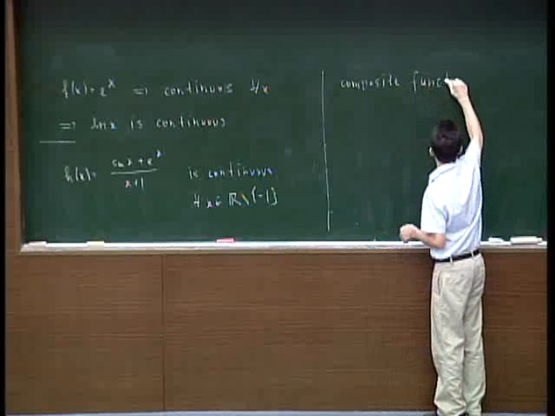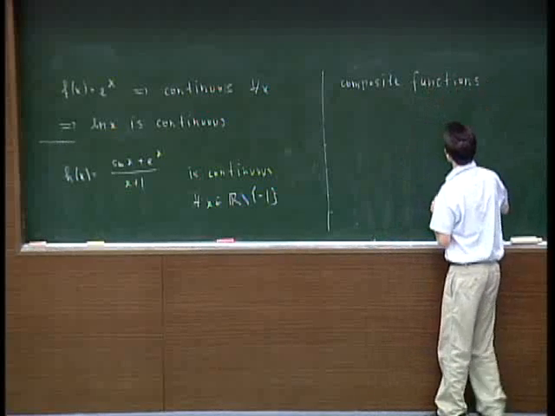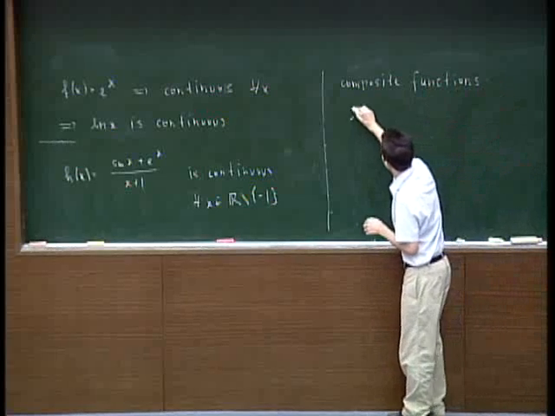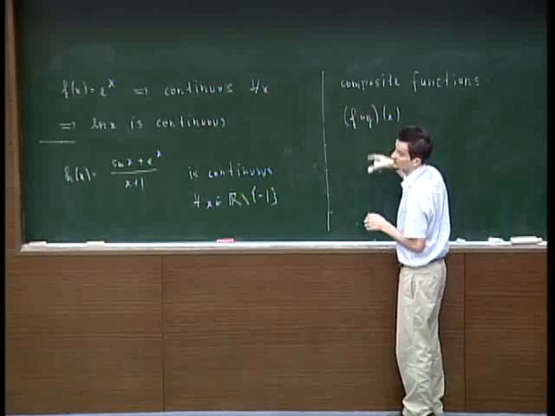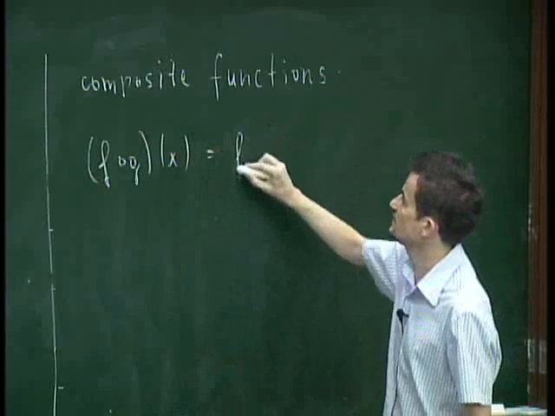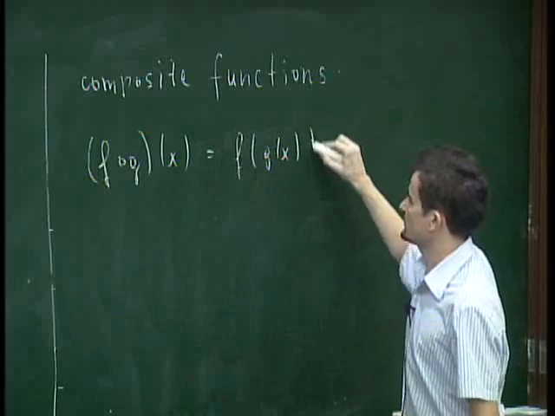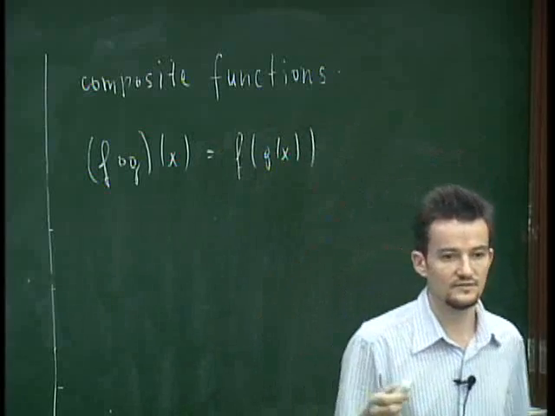Just to remind you, we normally write this as f ring g of x, and the meaning of this is that we plug g of x into f. Okay, this is a composite function.